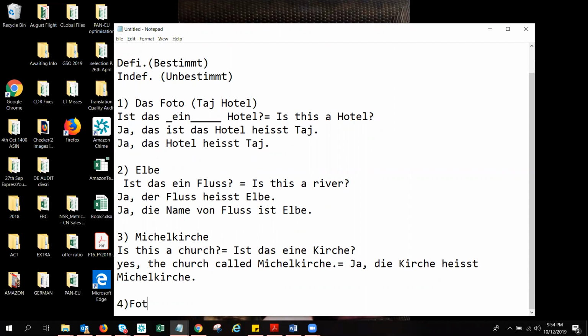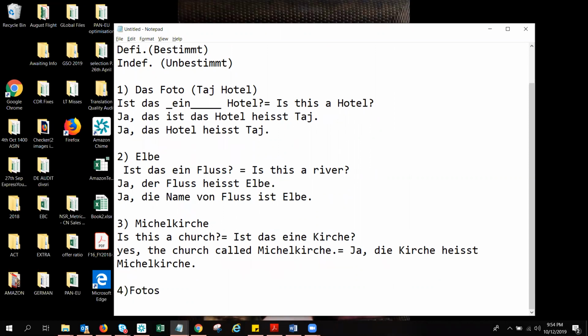The plural for photo is photos. So Pratibha, can you make two sentences with a yes/no question with this? Like, are these photos, and then the answer, you can mention photos of München.